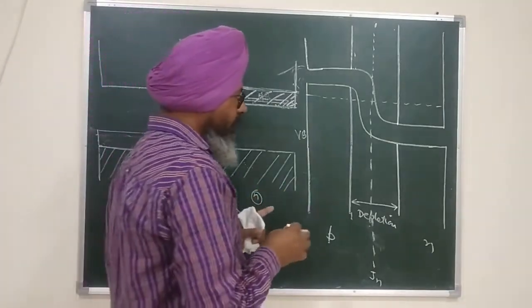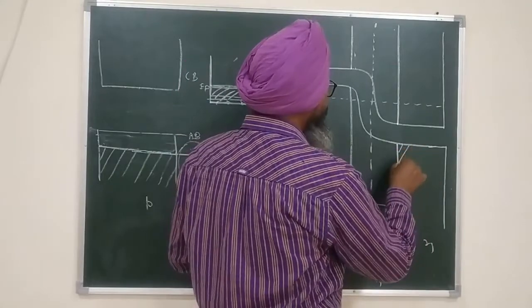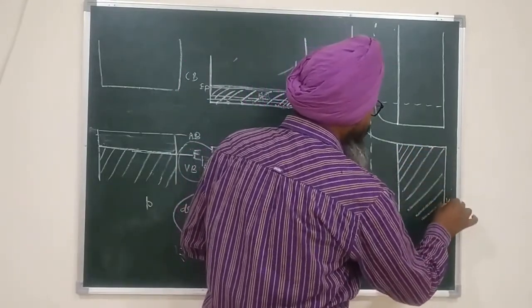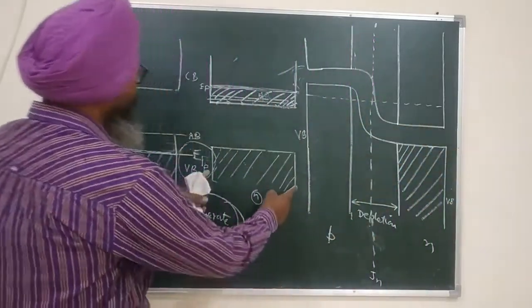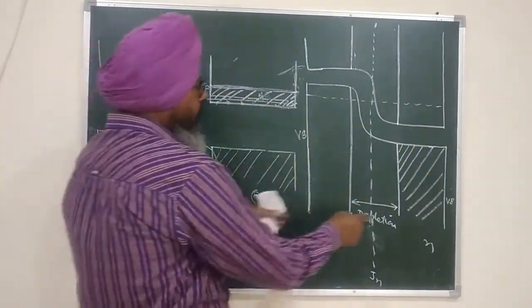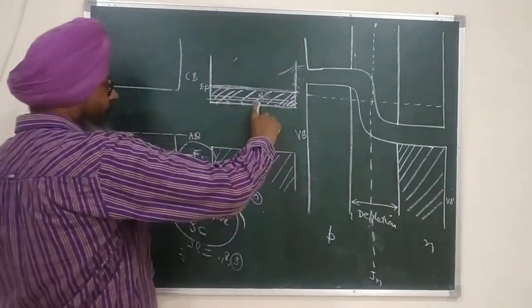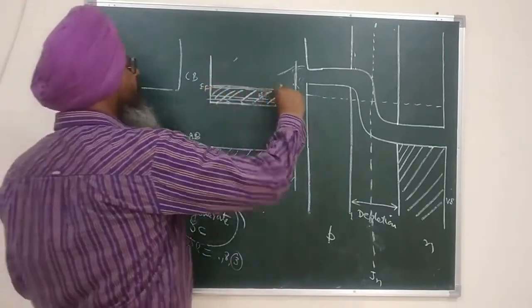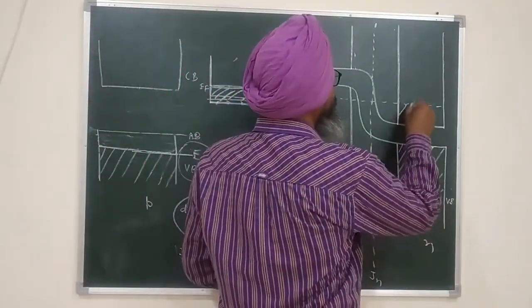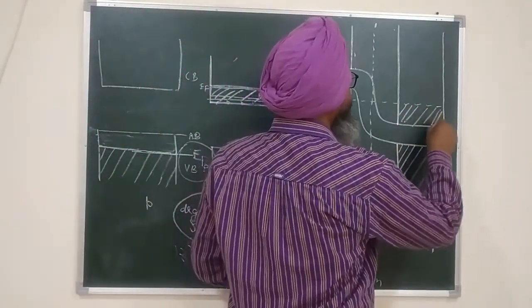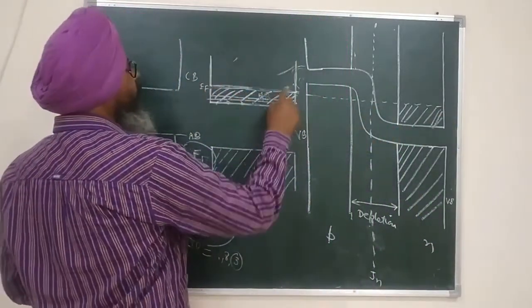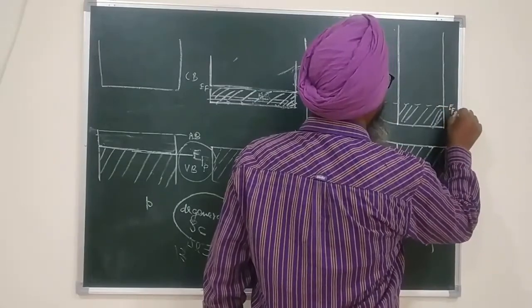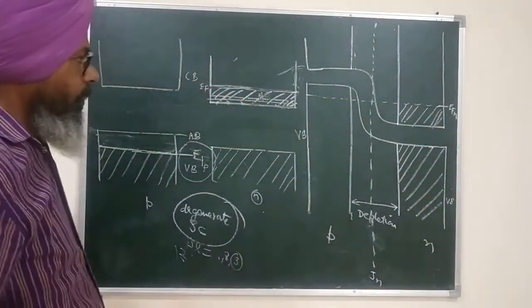Now please see this. If I shade it and call it the valence band, you can see this region resembles this. After that there is an energy gap, so this is the energy gap. After that there is the acceptor band which is fully filled, and the top edge of the acceptor band is EFN, the energy of the Fermi level.